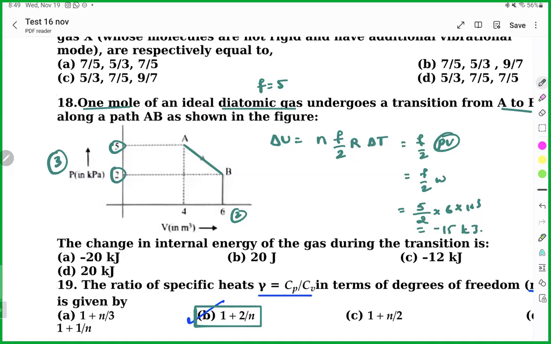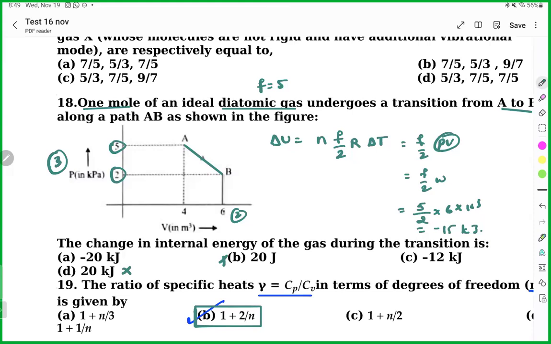Volume is increasing, pressure is decreasing, so it will be in negative form. So it means the answer will be either minus 12 or minus 20. Correct?